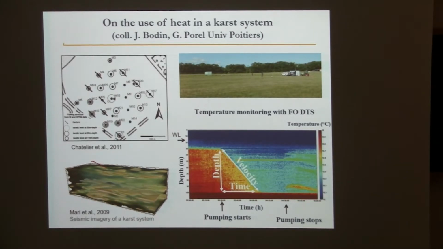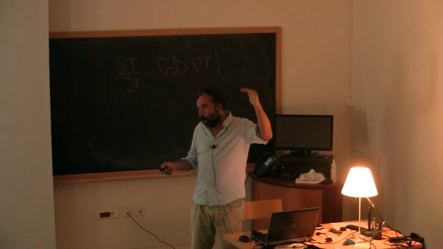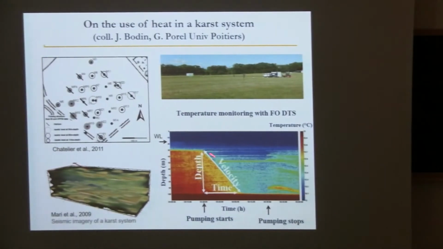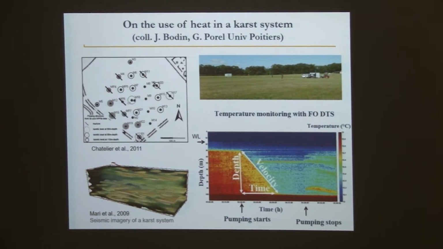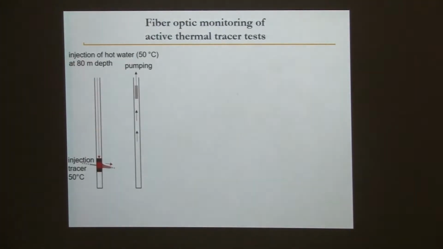And what is interesting with the fiber optic DTS is that you can really follow in real time what is going on and the change in temperature through time. And so it gives you typically the velocity of the borehole flow that you observe through time. So this is one way of using heat as a passive tracer when you do some pumping tests, for instance.